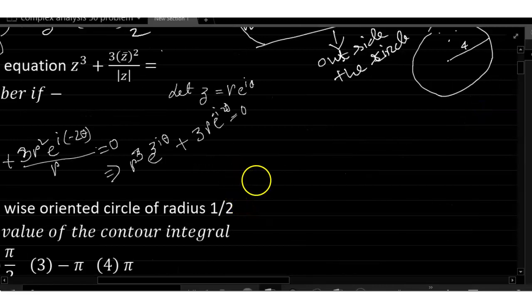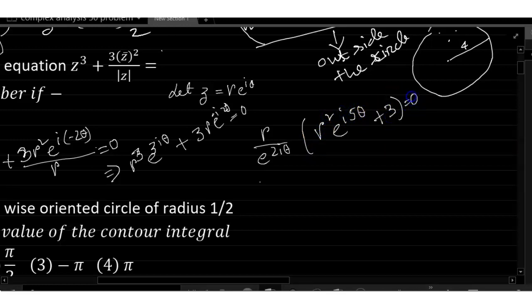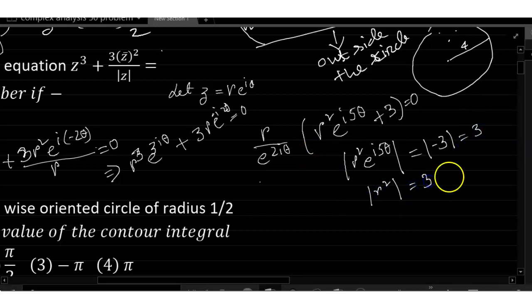So friends, we can see r e^{−2iθ}(r² e^{5iθ} + 3) = 0. So |r² e^{5iθ}| = |−3| = 3. So |r| = 3, as |e^{iθ}| = 1.